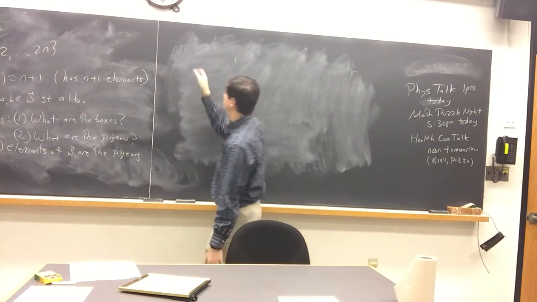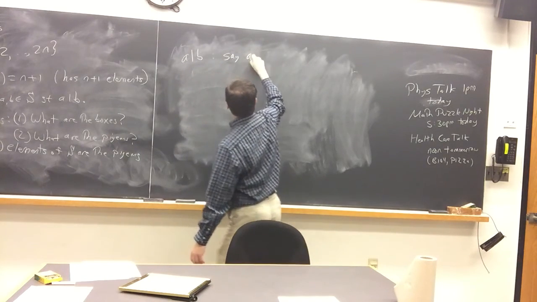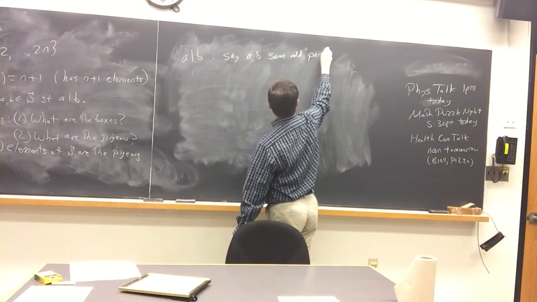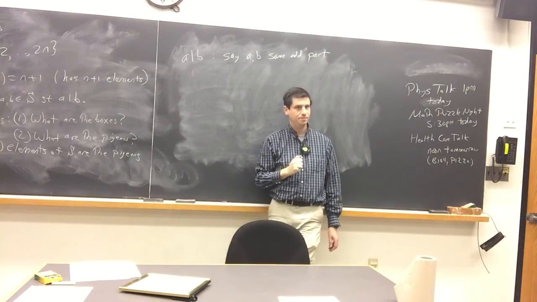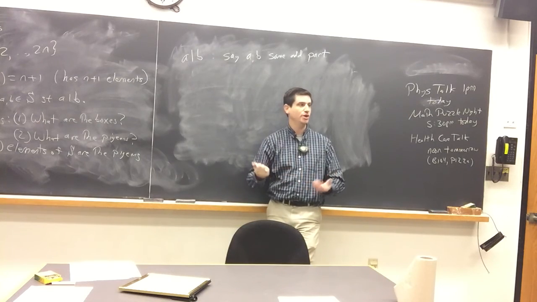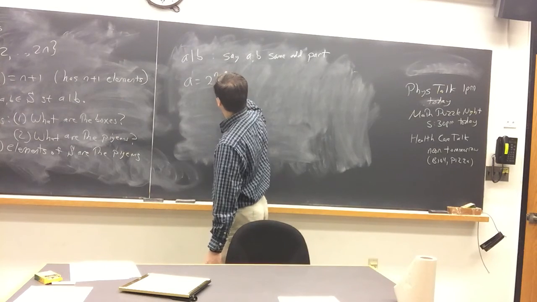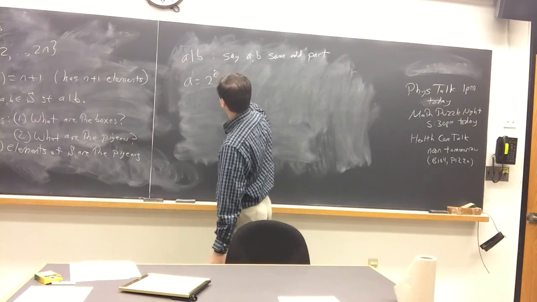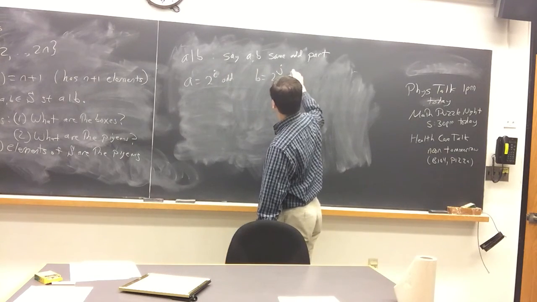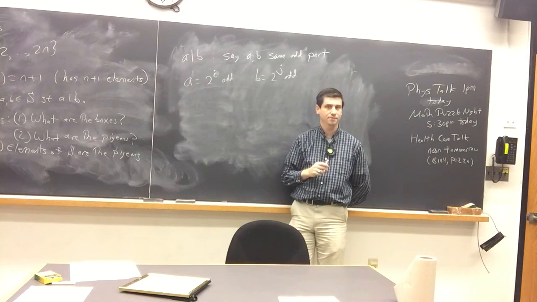Another way of looking at this is A divides B if A and B have the same odd part. So you can write them as a power of 2 times an odd number. So maybe A is 2 to the i times an odd, and B is 2 to the j times an odd. If these odds are the same and i is less than j, then it will divide.